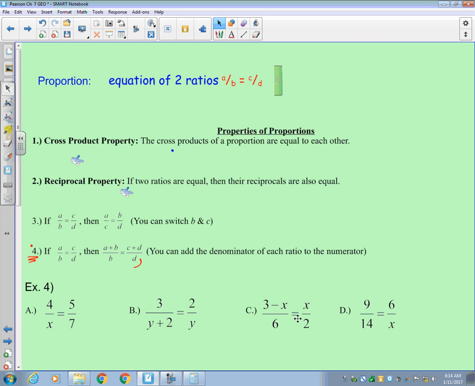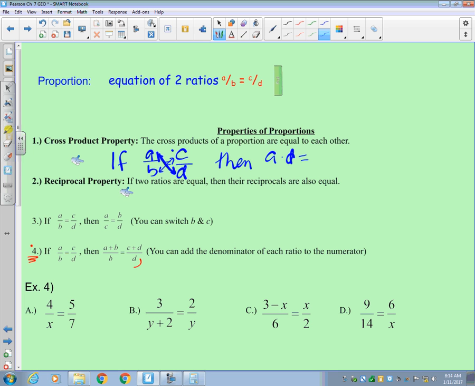What that means is if A over B equals C over D, then I multiply across the equal sign diagonally. That is the same as saying A times D equals B times C.